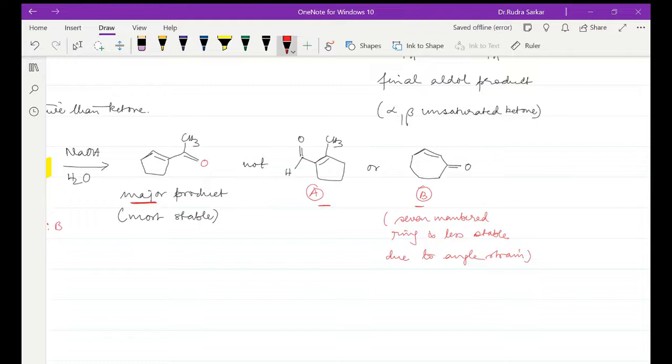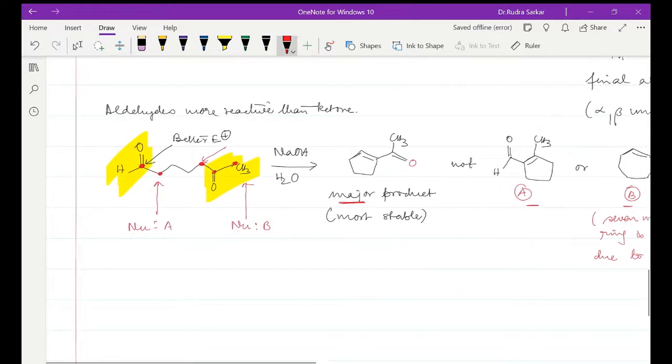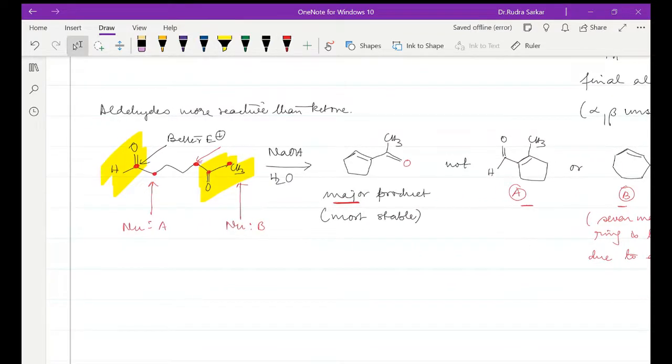Hence, it becomes less favorable. So, under those conditions, attack from this carbon to the aldehydic carbon takes place. Okay, and so this molecule becomes our major product.